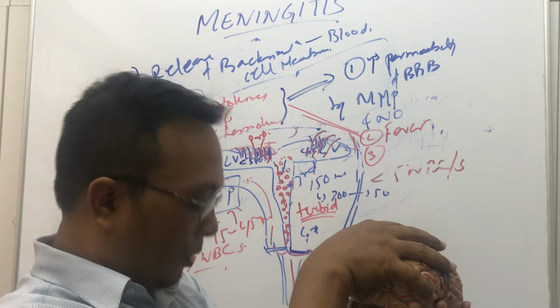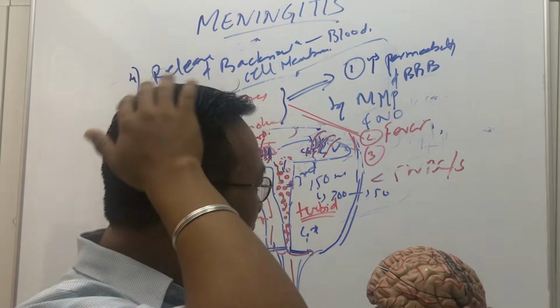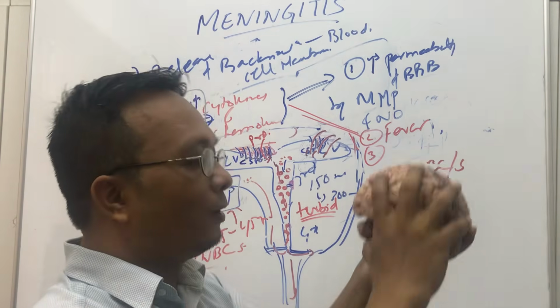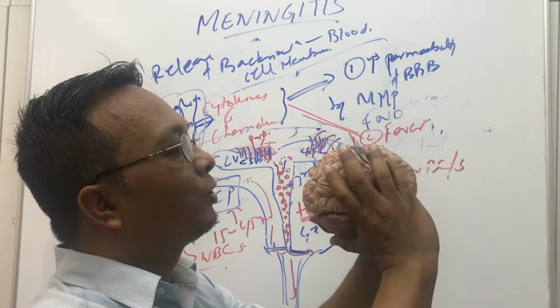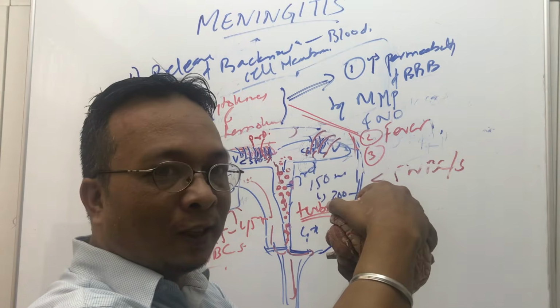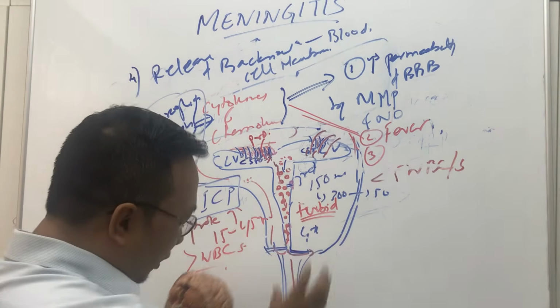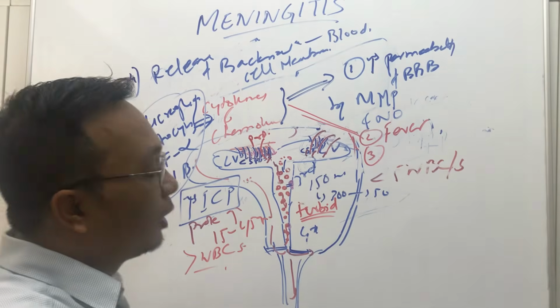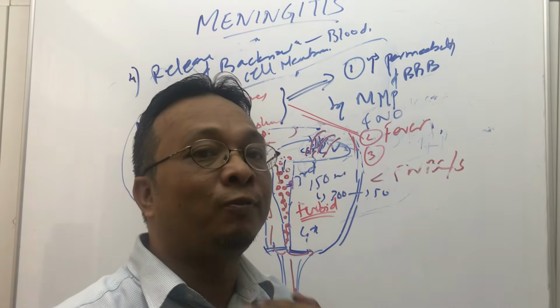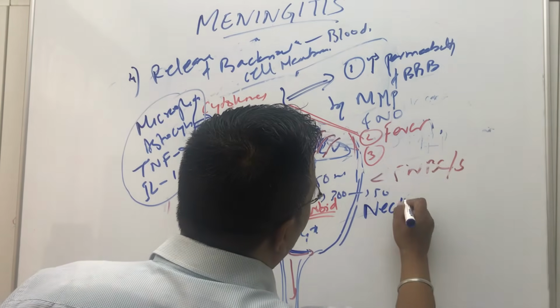When we do flexion of the neck, we are stretching our meninges. So every time we fold our neck, we are stretching our meninges. So when the meninges is inflamed, it becomes rigid because of the increased volume. There will be difficulty in passive flexion of the neck, what we call neck rigidity.